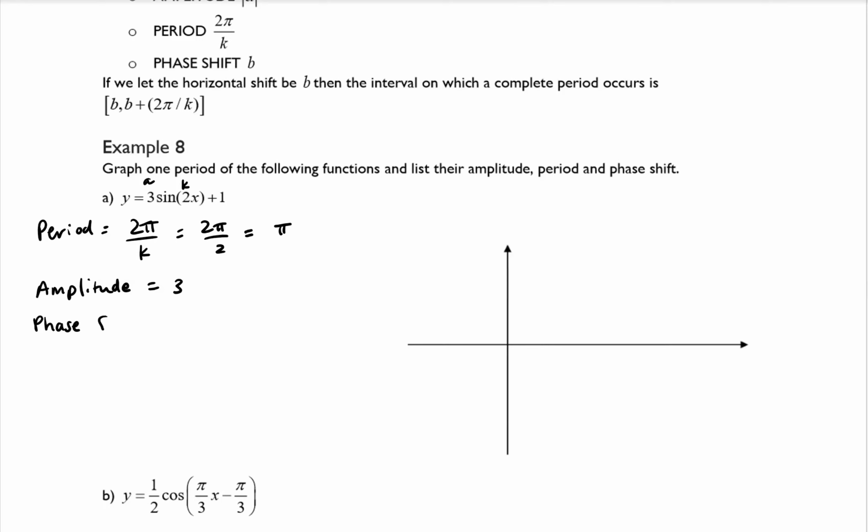And the phase shift is 0. And lastly, we know that this +1 on the end indicates that we have a vertical shift up 1 unit.